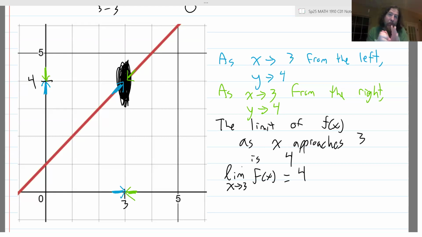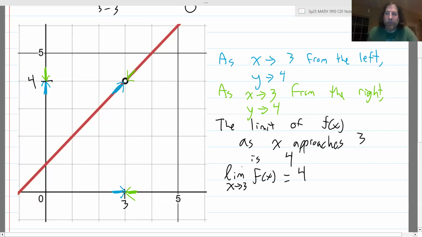Well, if we look at everything to the left of 3 and everything to the right of 3, what do we think the y value would be when x is 3? And we can see from both sides, as x approaches 3, the y value is approaching 4. The fact that it never gets there is a different issue, a different question. Okay, so that is a graphical approach to limits.